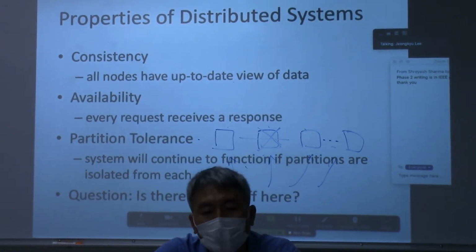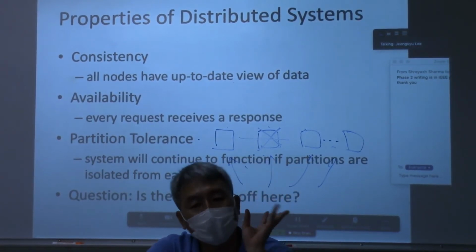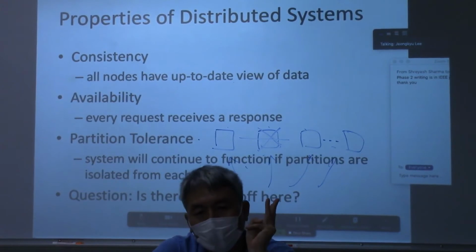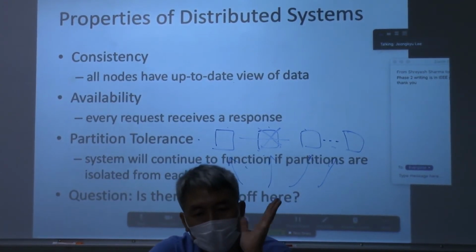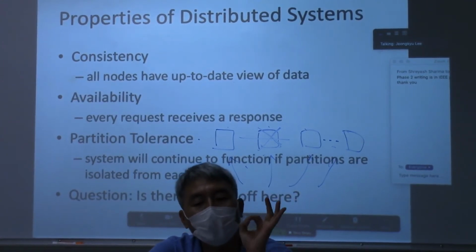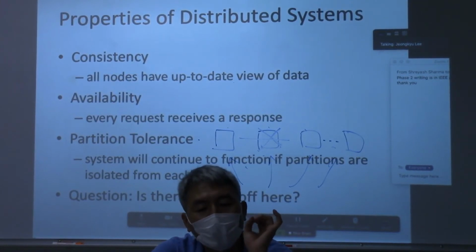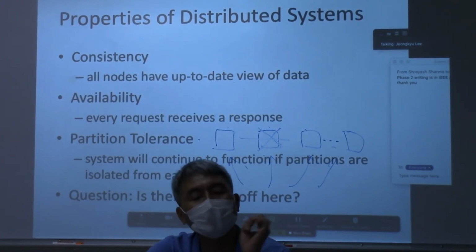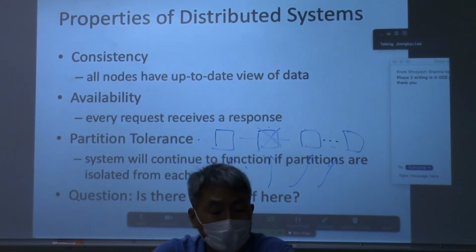That is called partition tolerance. So there are three properties we may expect from the distributed system: consistency, availability, and partition tolerance. This characteristic is called CAP, C-A-P.